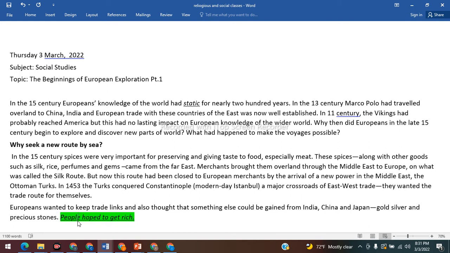And so that was one of the major reasons why they tried to find a new route by sea. And they also wanted to, especially the king and queen, expand their territory. More territory means more people. More people means hopefully you get more revenue. Also more power as well. So that was the thing.